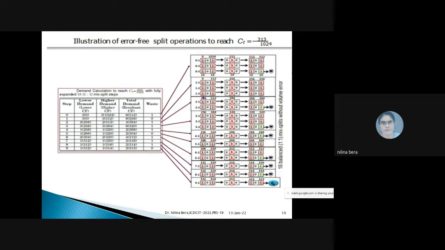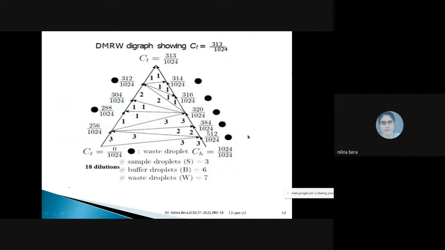Now suppose this very first step, 1:1, is a 3 into 1 array of electrodes. We need 3 drops of buffer with 3 drops of sample, just to create 6 drops of 512.